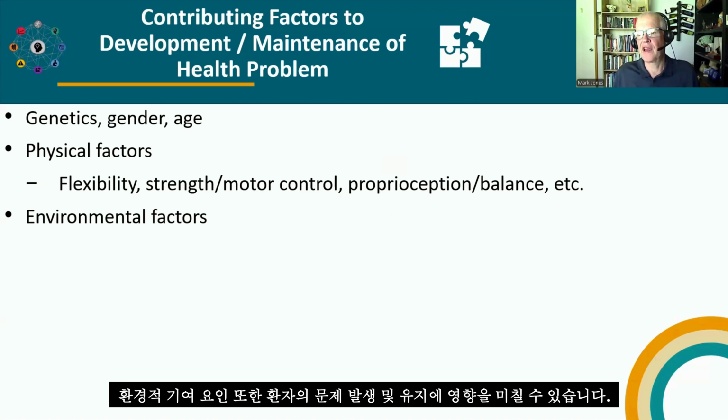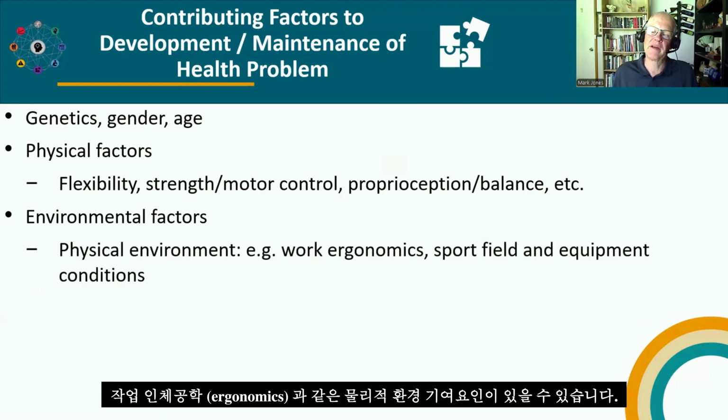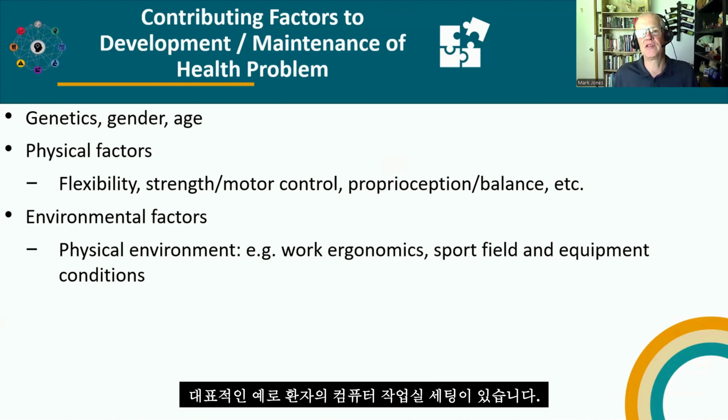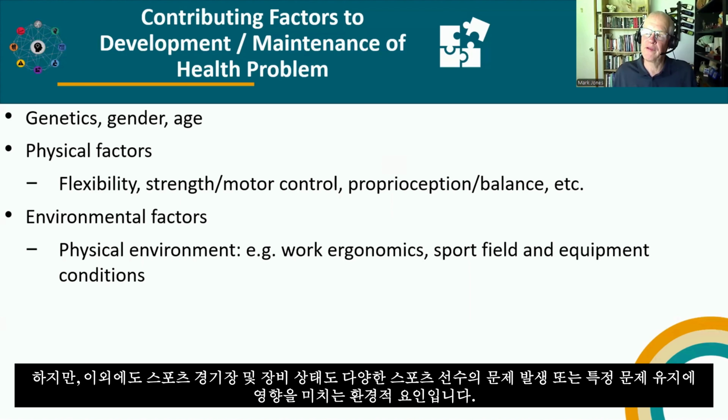Environmental factors can also contribute to the development and the maintenance of patients' problems. There can be physical environmental factors such as work ergonomics, and a classic example here is the patient's computer setup, but also sport field and equipment conditions are environmental factors that sometimes contribute to different sports people developing problems or maintaining a particular problem.